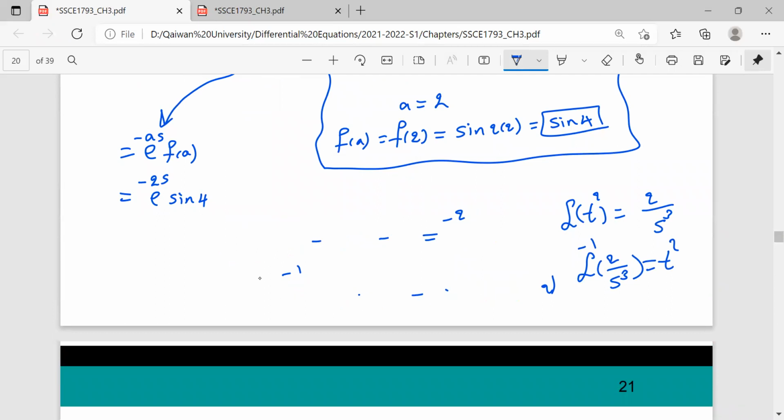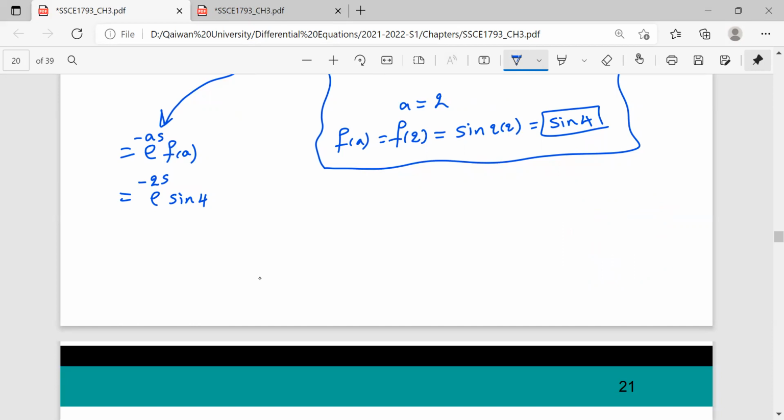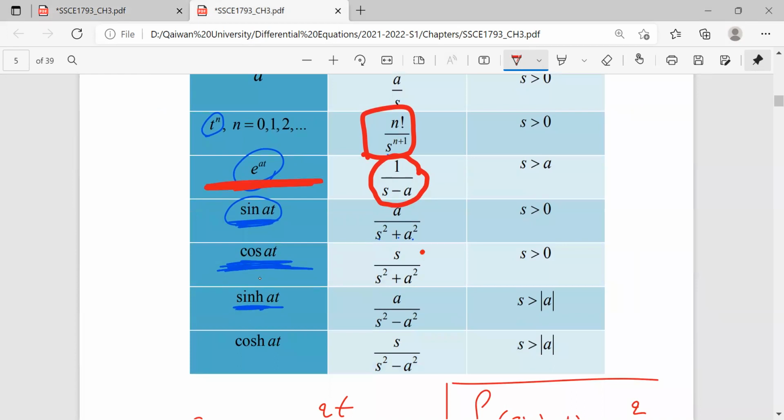The Laplace of, let's say, cosine 3t equals s divided by s squared plus a squared. A here is 3, so it's s squared plus 9. These are the rules. For cosine, it's s over s squared plus a squared.